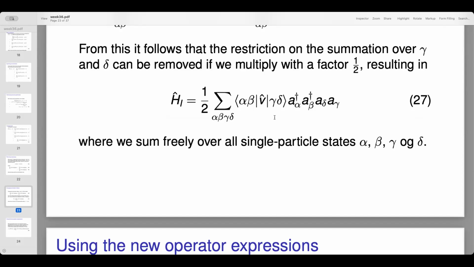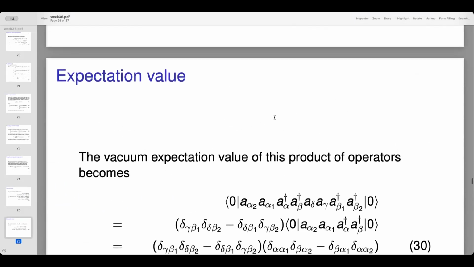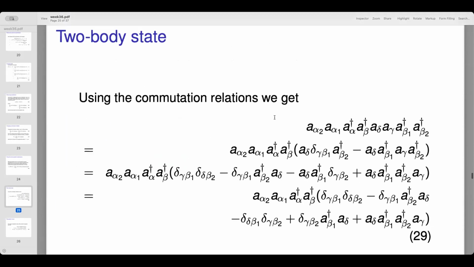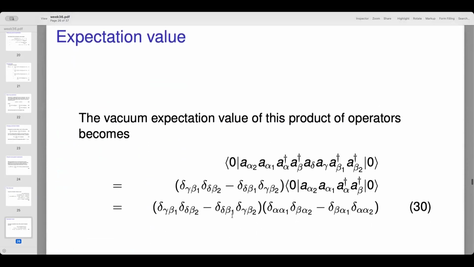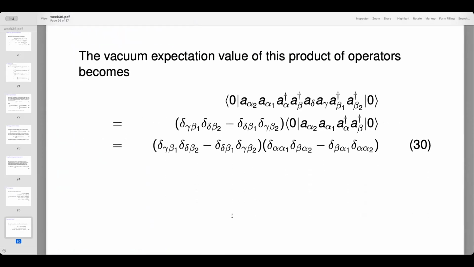In the examples you see in the lecture notes, I've actually done all the contractions. This is okay to do with two particles, but you wouldn't like it so much if you were to do that with more and more particles by just looking at all the possible contractions. So take a look at this brute force way of doing it. And then tomorrow we are going to wrap up the discussions with the proof of Wick's theorem.